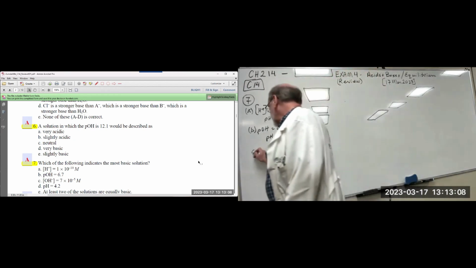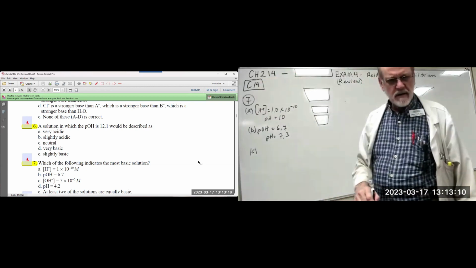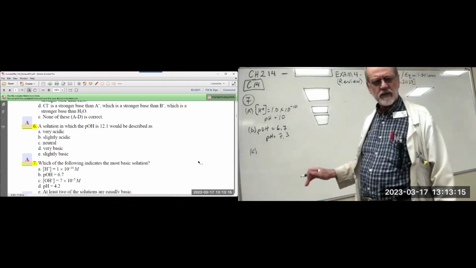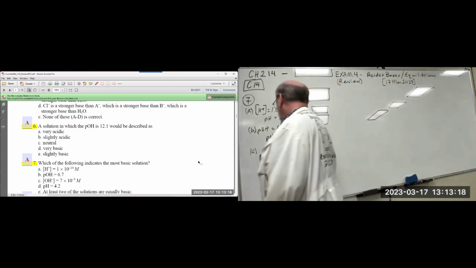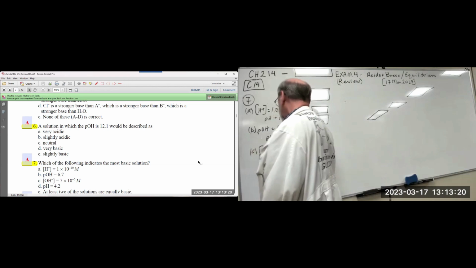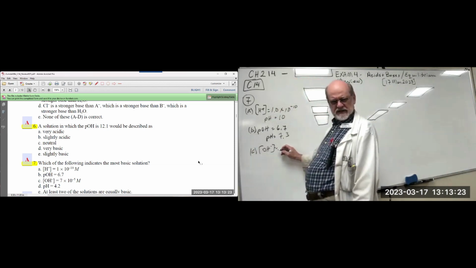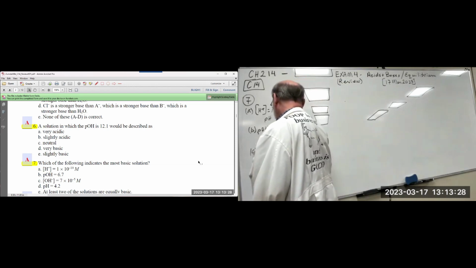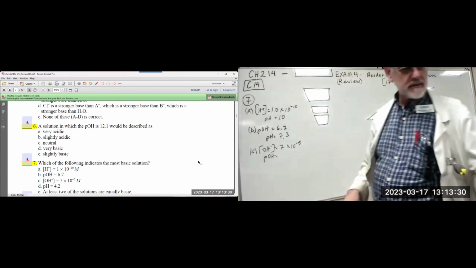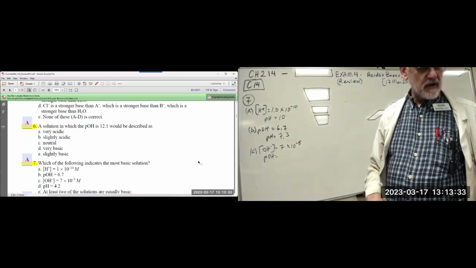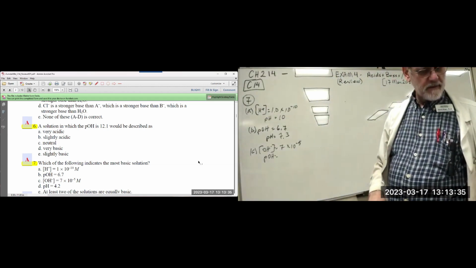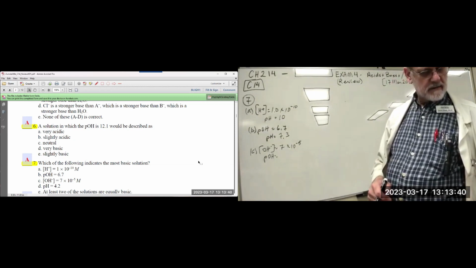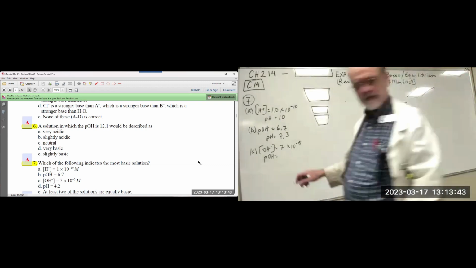Yeah. And C, oh, which is most basic? Well, okay, I've already started with pH, so we'll stay with it. If the OH concentration is 7 times 10 to the minus 5, then the pOH equals, let's take the negative log of that value. 7 times 10 to the minus 5 is 4.15.